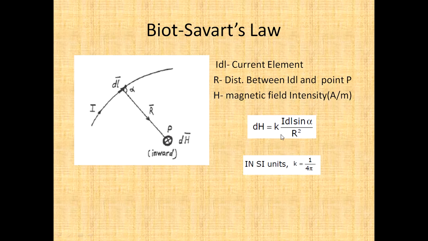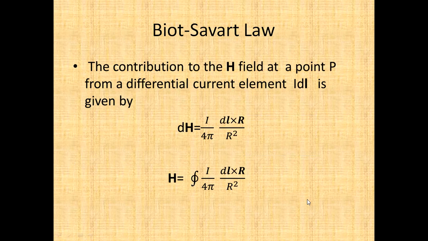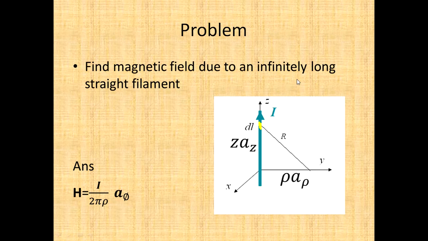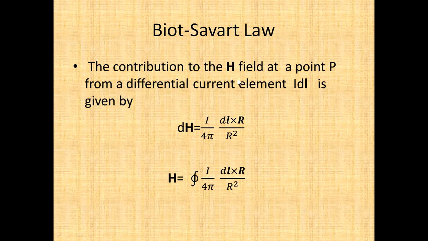So dH is equal to K into I dl sine alpha divided by R square, where K is 1 upon 4 pi. The contribution to the H field at a point P from a current element I dl is given by dH is equal to I divided by 4 pi into dl cross R bar divided by R square.